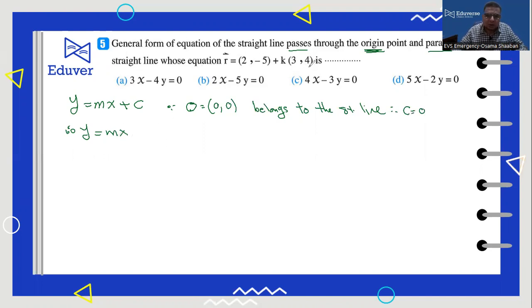You have another straight line parallel to the required line, so you can put the slopes are equal because they are parallel. So 4 over 3, y over x is actually the slope. Since m equals y over x, that means 4 over 3, therefore y equals 4 over 3 x.